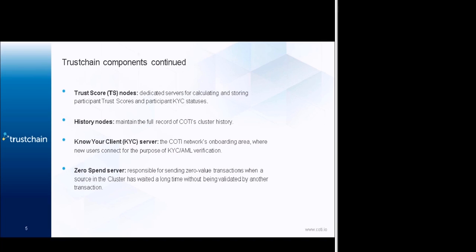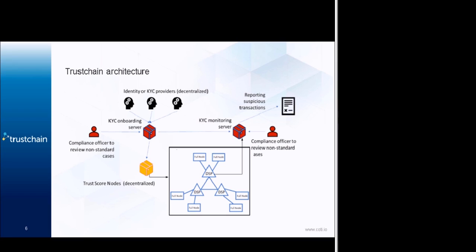These nodes are needed since we don't want to store all history on all of our nodes in the network. Another type, not a node but a server in the system, is the KYC server, which is responsible for the onboarding and KYC and AML verification process, and also the zero spend server, which allows us to release idle transactions within the network.